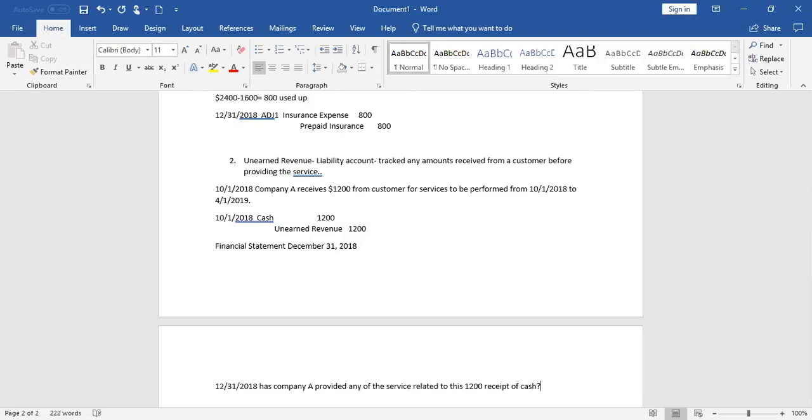Remember, they owed it as of 10/1. They said they're going to perform it from 10/1 to 4/1. So our question is, has any of it been earned by December 31st?